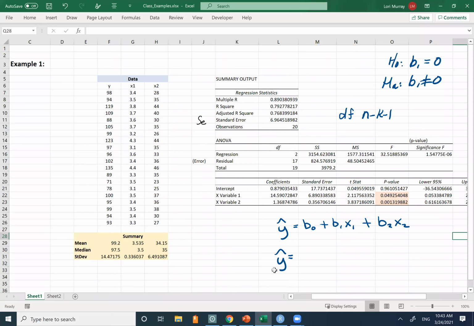Right. So for the B naught, B naught is going to be 0.88. The equation is 0.88 plus 14.59 times x1 plus 1.37 times x2.